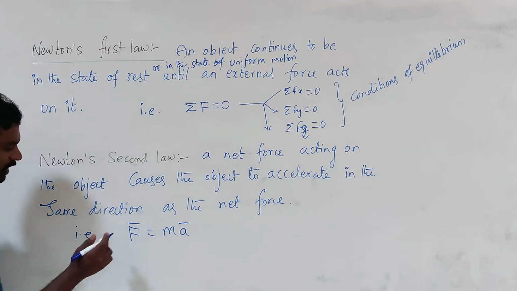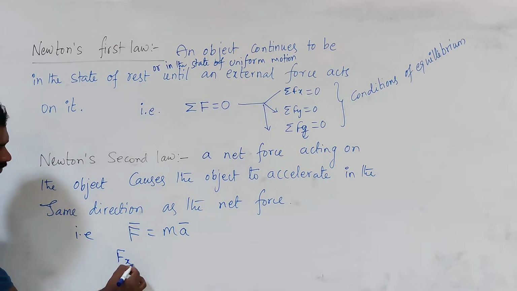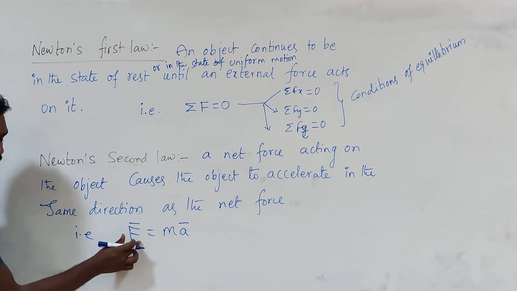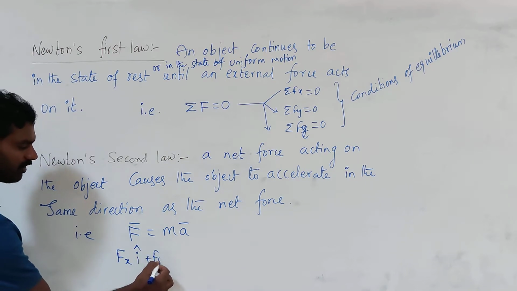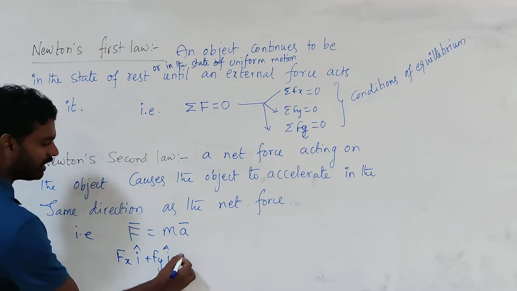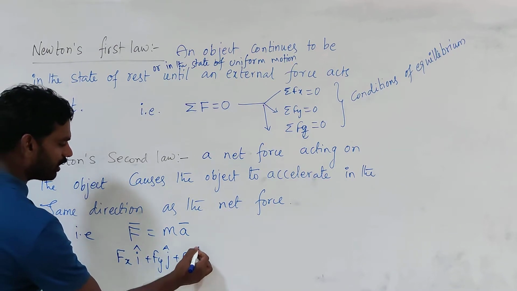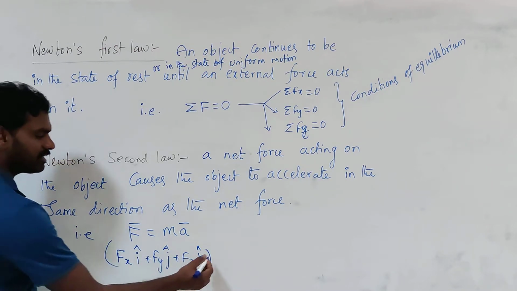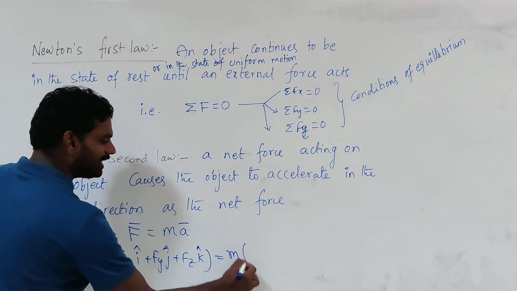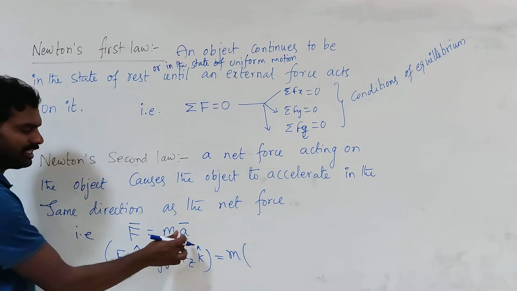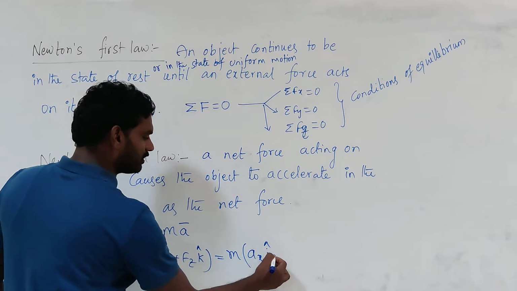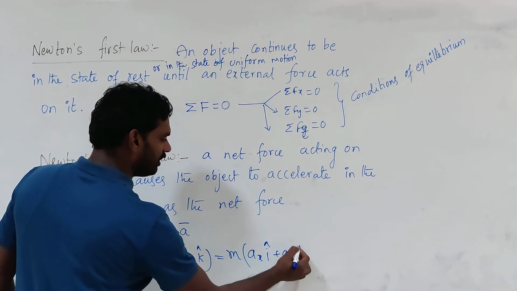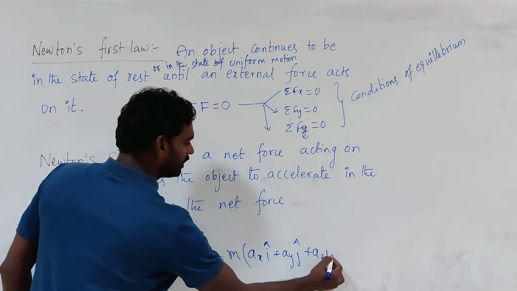See here, F can be written in component form because F is a vector. So F can be written as Fx i cap plus Fy j cap plus Fz k cap, which is simply equal to mass times acceleration. Acceleration is also a vector quantity. We can write it like this: Ax i plus Ay j plus Az k.